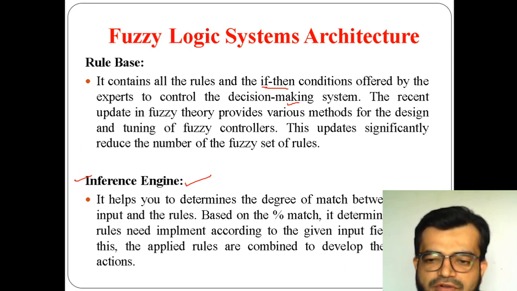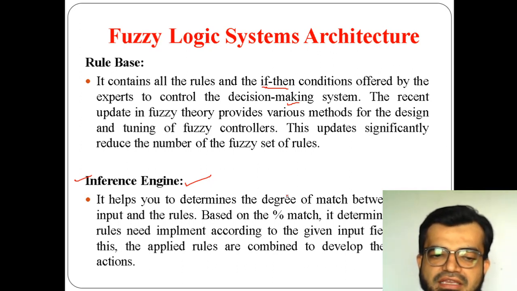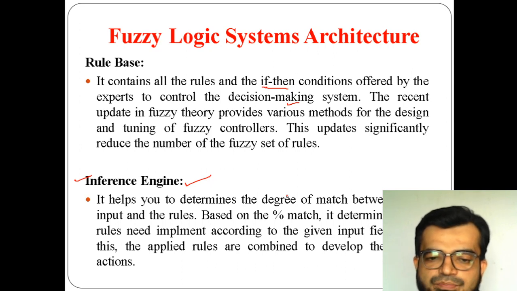It takes the fuzzy input and the rules, and it matches. For the given fuzzy input, which rule is to be matched? Based on the match, it determines which rule has to be implemented according to the given input.